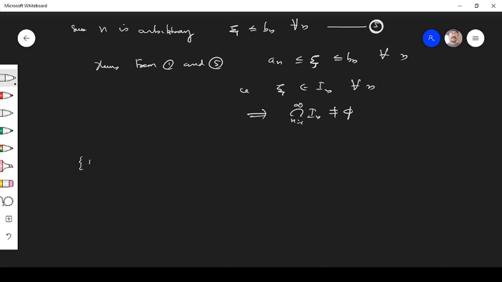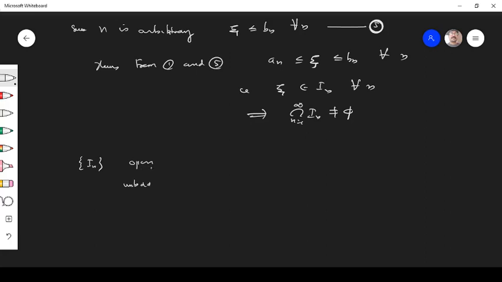Suppose we take In as a nested sequence of open intervals, then there are cases where the intersection of In need not be non-empty. Similarly, if In is a nested sequence of unbounded intervals, then also the intersection need not be non-empty. It can be empty also. For that, we can cite examples.